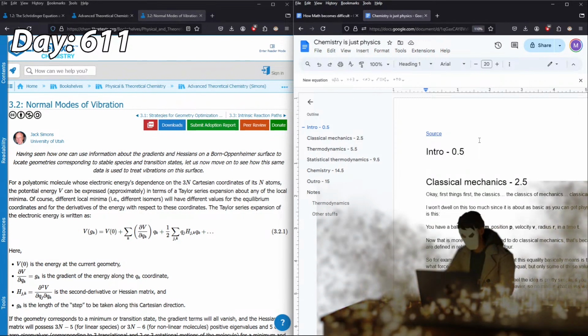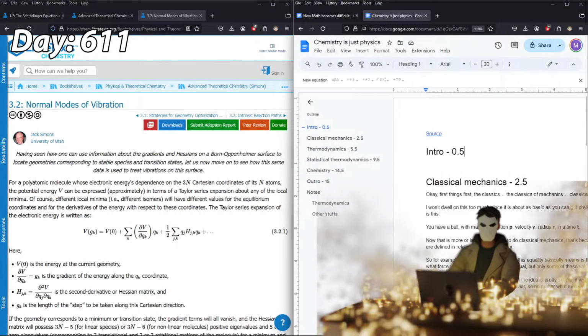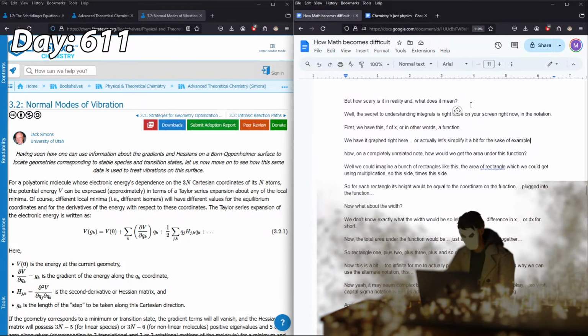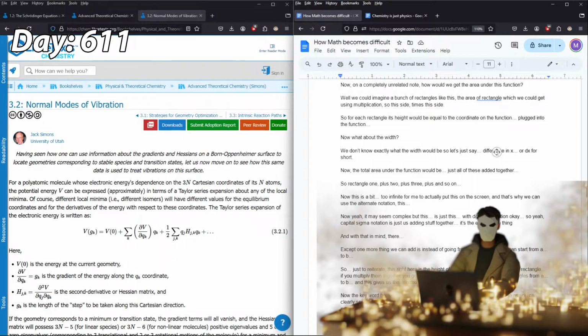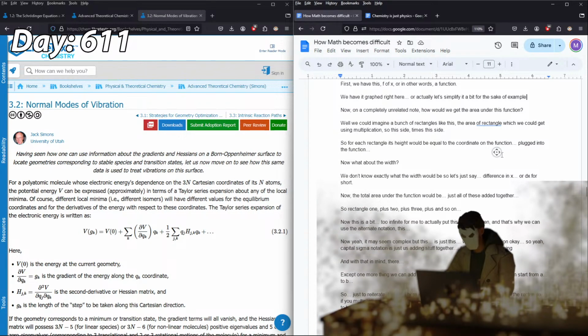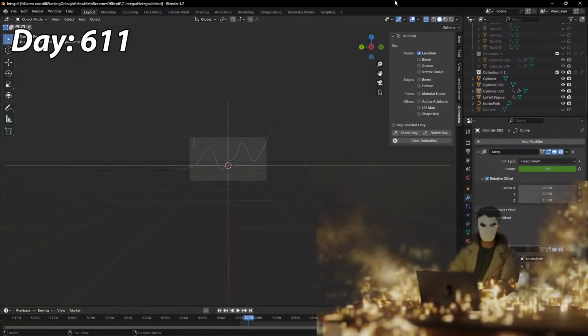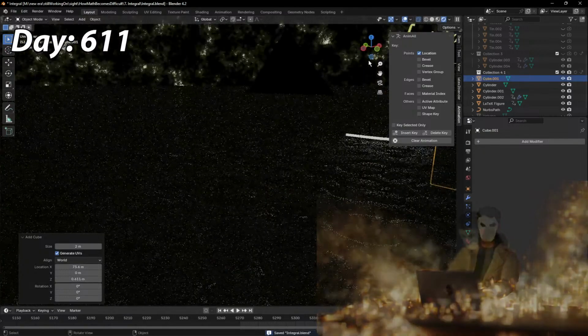Huh. Okay, I see. Speaking of my integral rendered, I suppose we can ponder this question whilst working on the animation. Our area under this function. That's simple enough, just render the area.